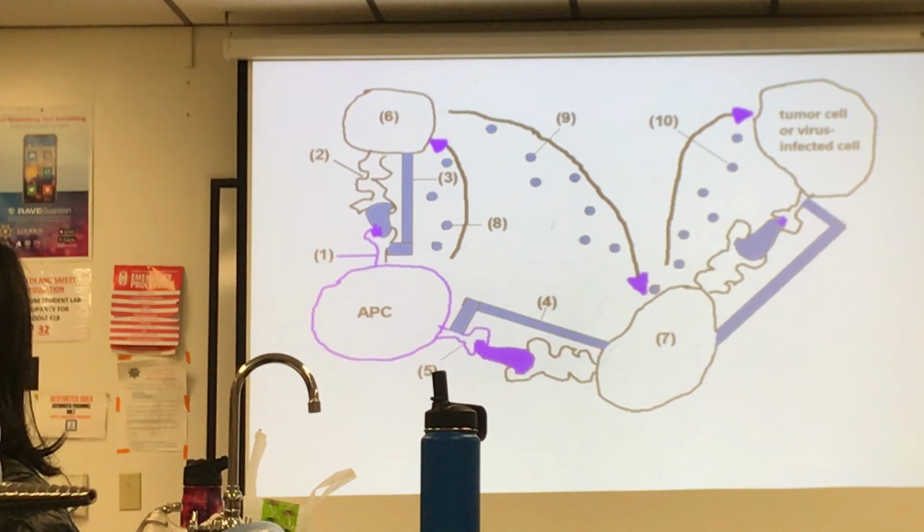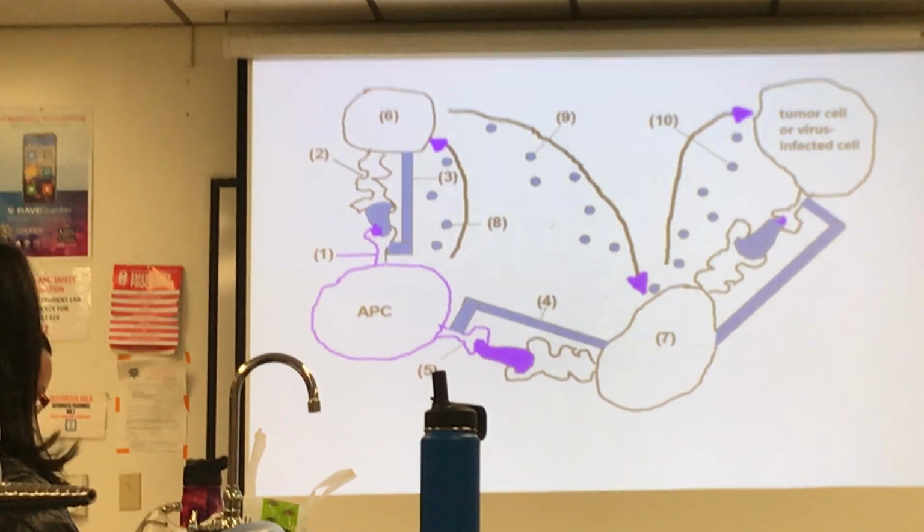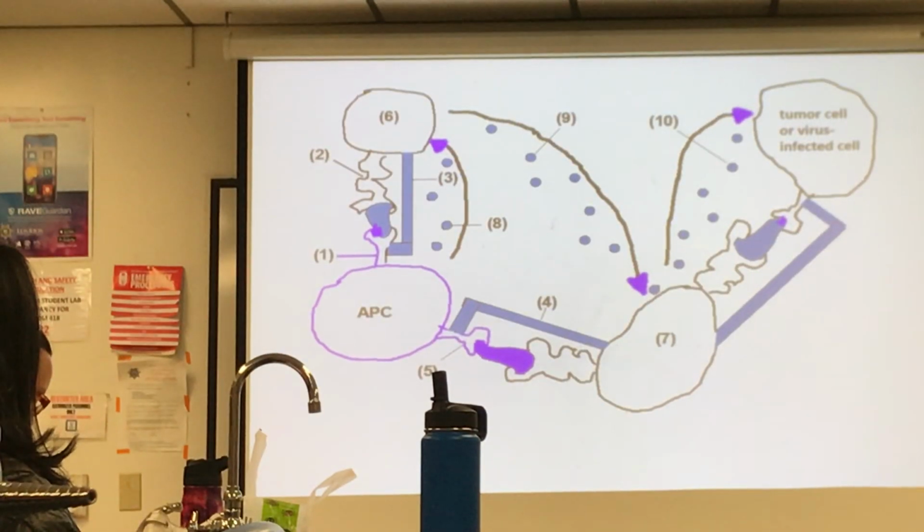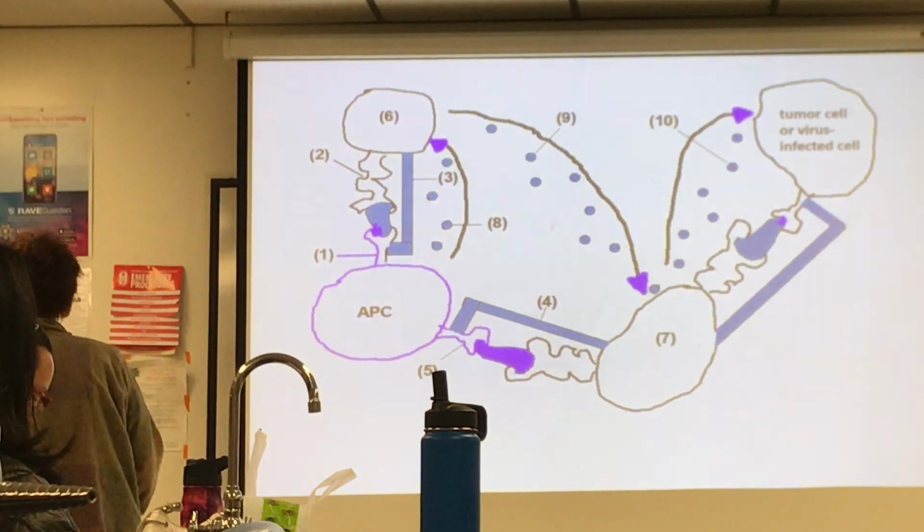It's a simplified version, but that's the level that I want you to follow through. And this happens thousands of times because although it's random, the T helper cells can multiply and the T killer cells can multiply and clone themselves, so we have lots and lots of those cells available. Okay? Any questions on that?